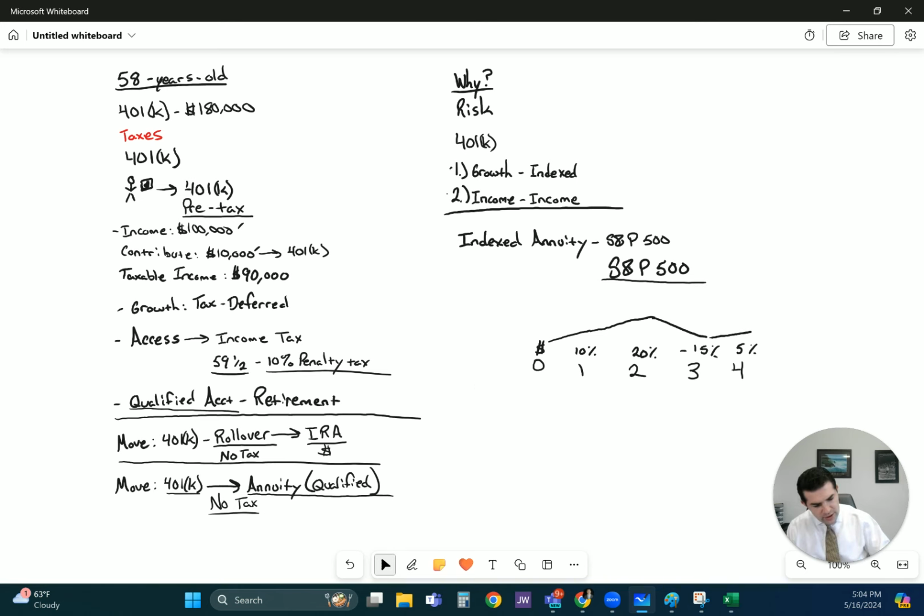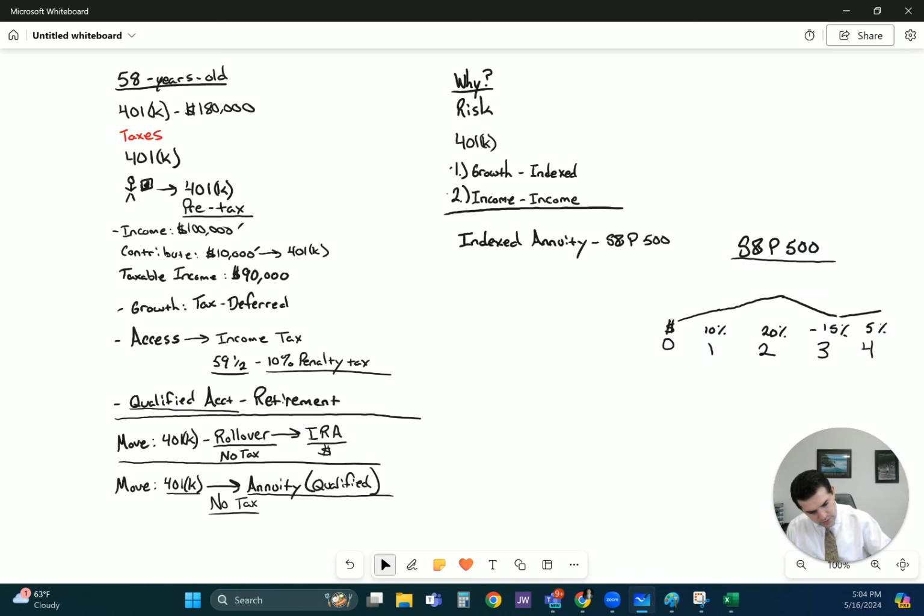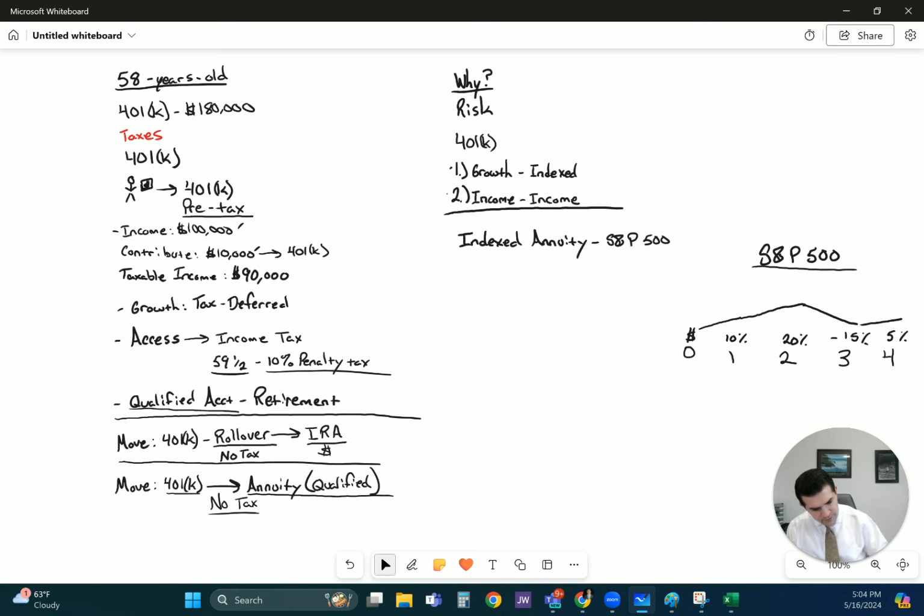That's if you have your money invested in the market. With the annuity, it works a bit different. So let's put this to the right. There we go. So with the annuity, looking at the same thing. 0, 1, 2, 3, 4. You start at ground zero. The first year, the S&P 500 produces 10%.